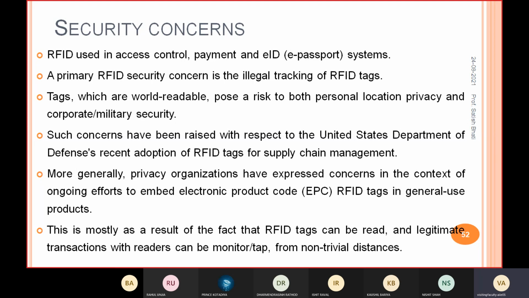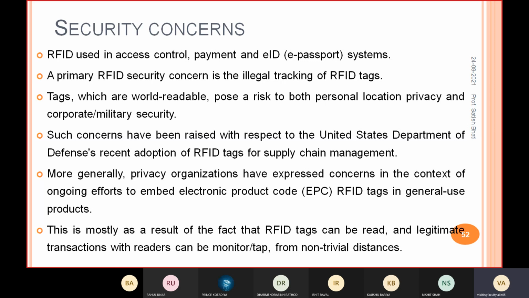That's why this EPC became more popular. This is mostly a result of the fact that RFID tags can be read, and legitimate transactions with a reader can be monitored or tapped, for non-trivial distance.